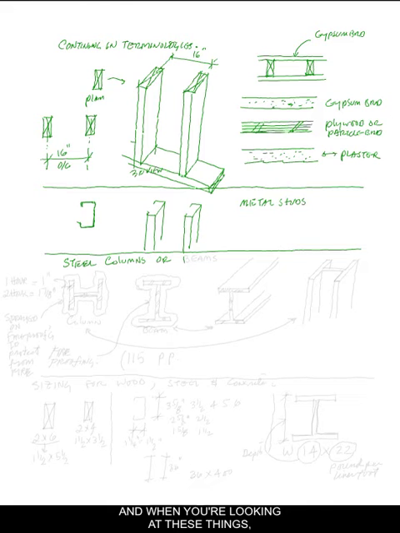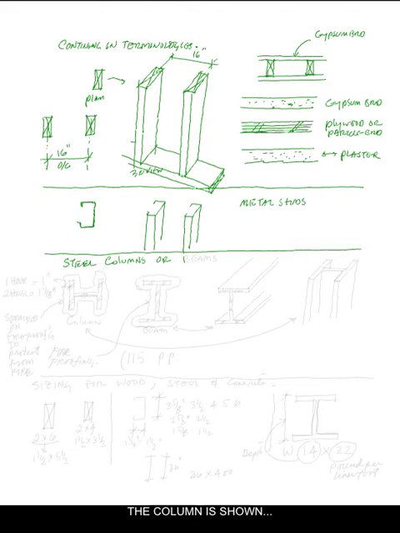And when you're looking at these things, if you look at them in a three-dimensional way, this is the way the cross-section is shown. So this is where you see the cross-section of the steel beam. And the same thing happens when you look at the column.